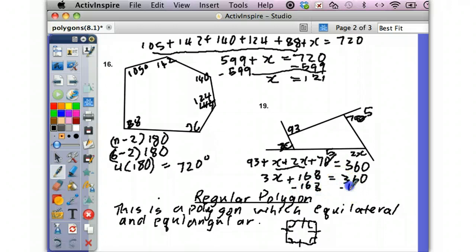We have 3x is equal to 192, and divide by 3, x is equal to 64. Anybody got 64? 64. All right. So the key here is to remember that the sum of the exterior angles is always 360.